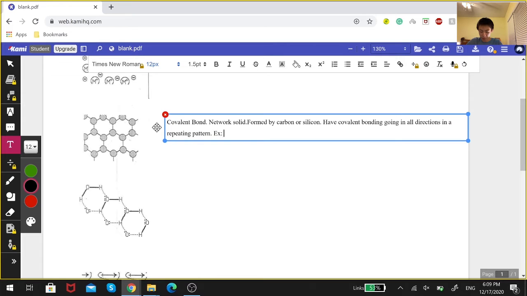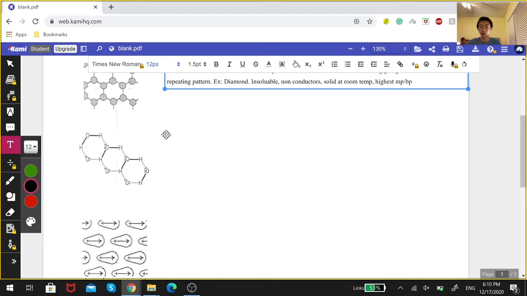An example of this will be diamond. Now its properties include insoluble, non-conductors, solid at room temp, and one of the highest melting points / boiling points, because they have strong intermolecular force. They have the strongest intermolecular force.